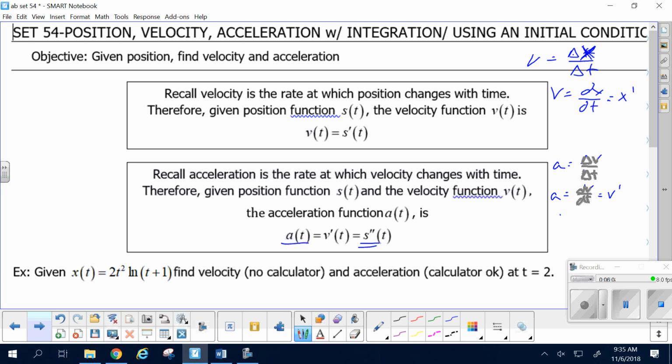So, let's see. Don't look at your notes here. Heidi, what is acceleration the derivative of? Derivative of velocity, perfect. What about, what's it the second derivative of, Esther? Acceleration is the second derivative of position.